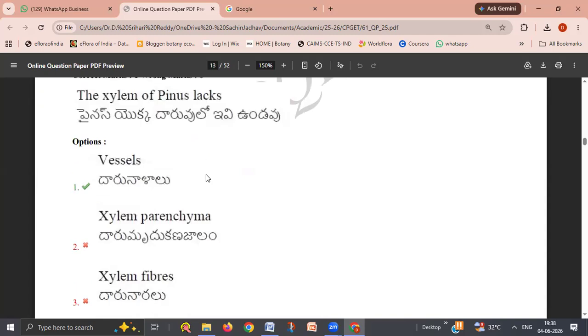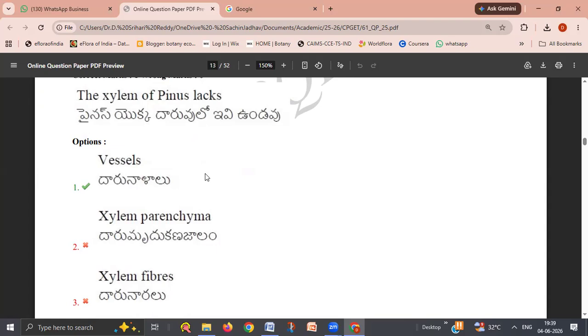And next, the xylem of Pinus lacks vessels. Among the gymnosperms, except Gnetum, there are some primitive ones like Cycas and Pinus. All these are primitive gymnosperms compared to Gnetum. Among the gymnosperms, Gnetum is the most advanced.